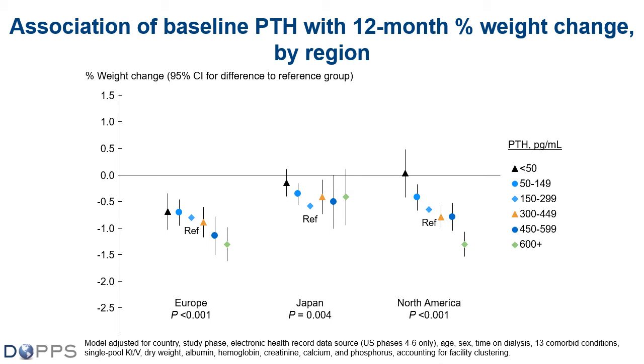Because the target PTH range is between 60 and 240 in Japan, patients with elevated PTH levels would be likely to receive therapy to lower PTH more quickly, which might attenuate the association between high PTH and weight loss over subsequent months.